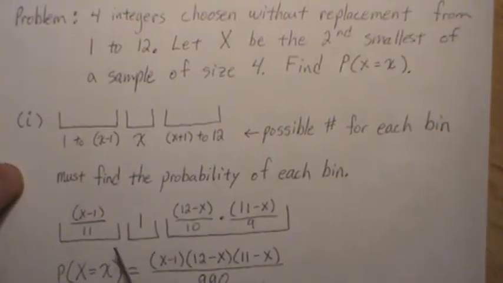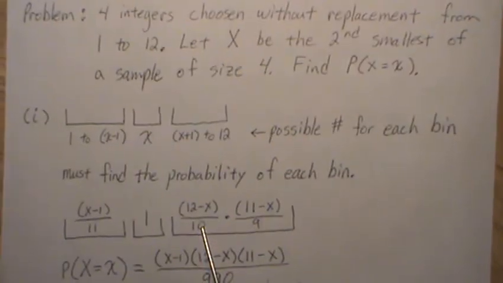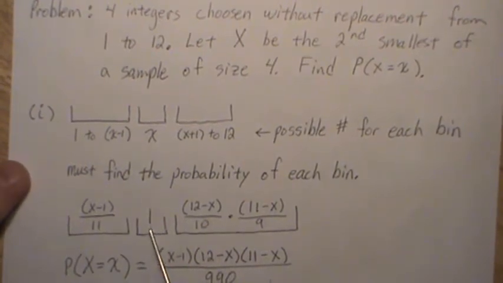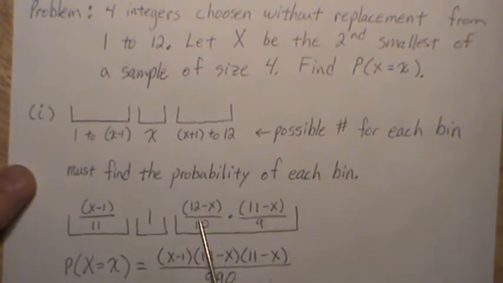Now this is picked, this is picked. There are 10 numbers left, and we need to pick a number that's bigger than x, right? That goes here. If it's smaller than x, then it will go down here, and then that's not the second smallest. So there are 12 minus x numbers remaining out of the 10, and we're picking 1.